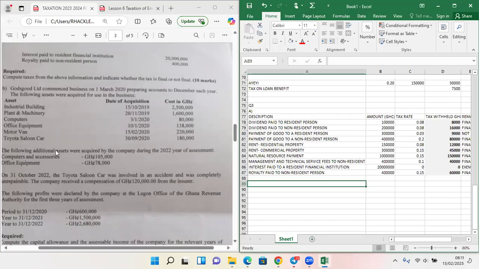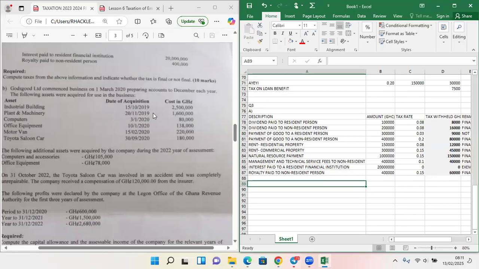So the same thing is here, right? Industrial building, 15,000, was acquired on 15th October 2019.